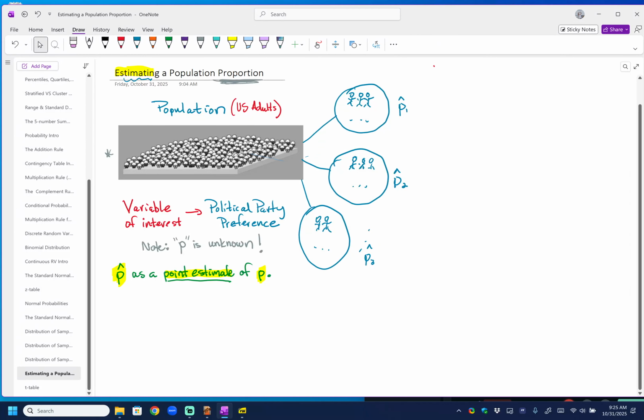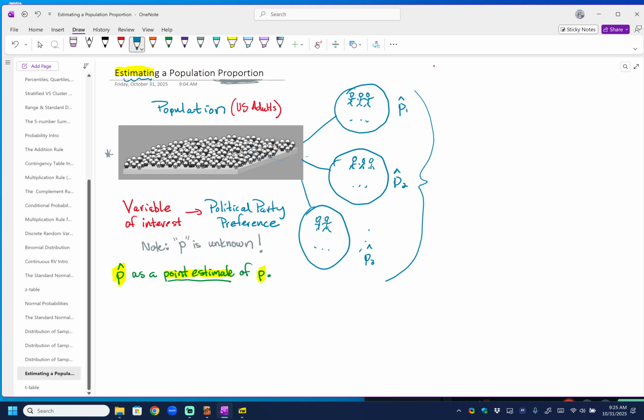So a popular question a student might have would be, does that mean we can just use one random P hat, such as this one, as a direct replacement for the population proportion P? The answer is no, we can't. Why? Because as you know, as we take all of these different P hats, they're likely to be different.